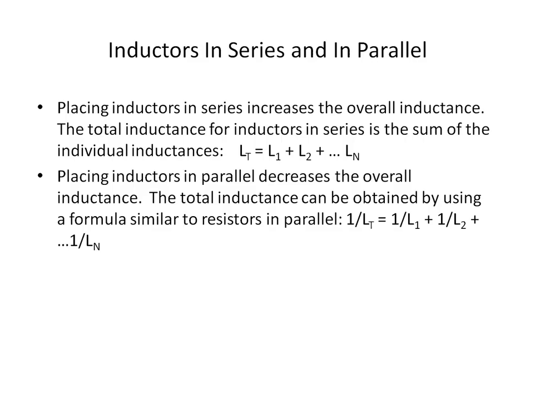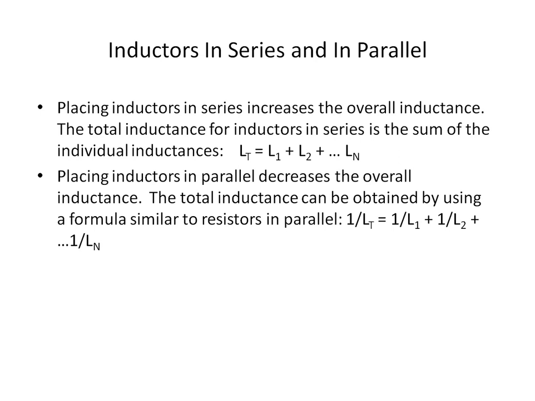When you have inductors in series or in parallel, we need to come up with the total amount of inductance. Placing inductors in series increases the overall inductance, so the total inductance for inductors in series is the sum of the individual inductances. If you have L1, L2 and L3 in series, simply add them up.